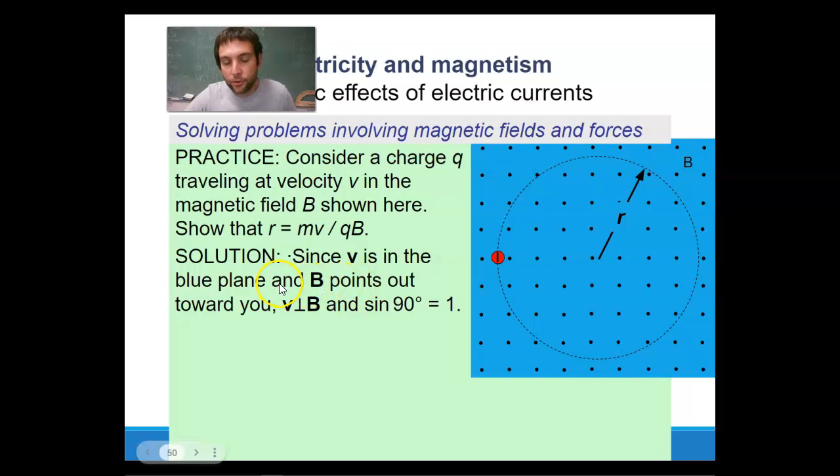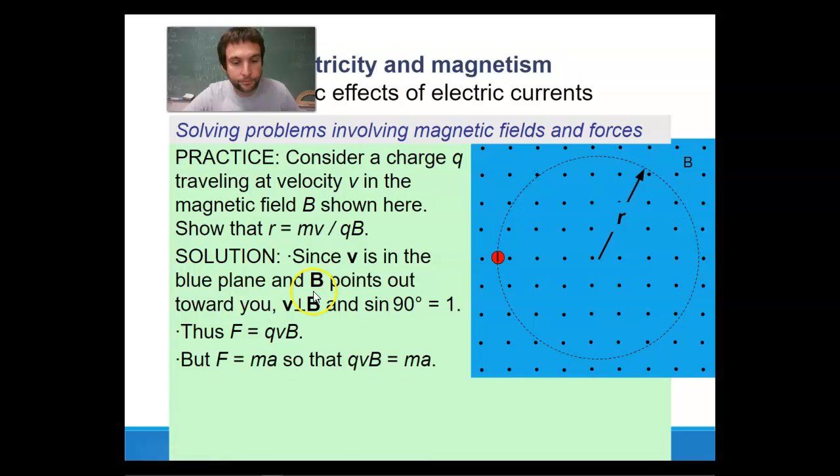Because V is out of the plane and B points out towards you, V and B are perpendicular, so sine of 90 will equal 1. So the force on a charged particle equals QVB, straight from the equation sheet. We remember that F equals mass times acceleration, so QVB equals mass times acceleration.